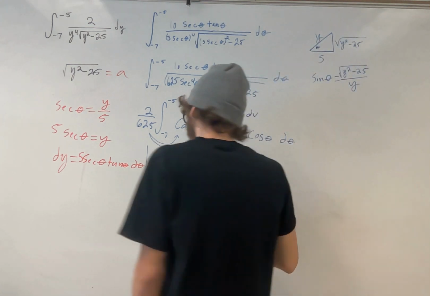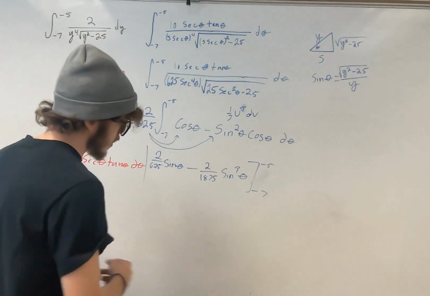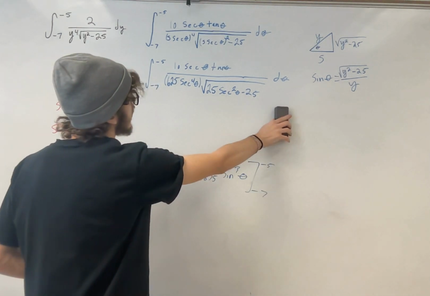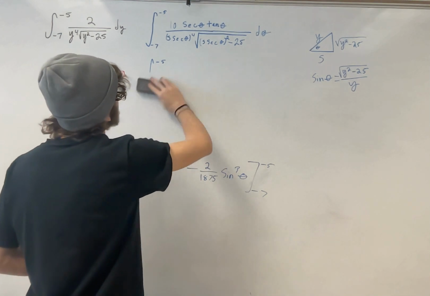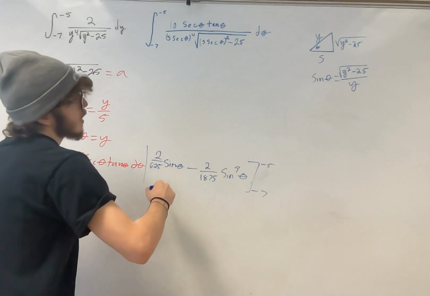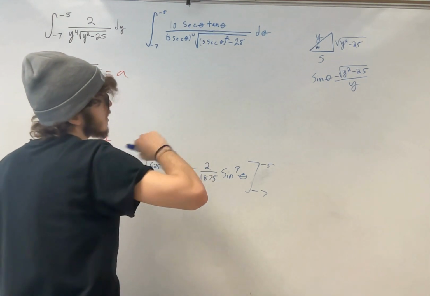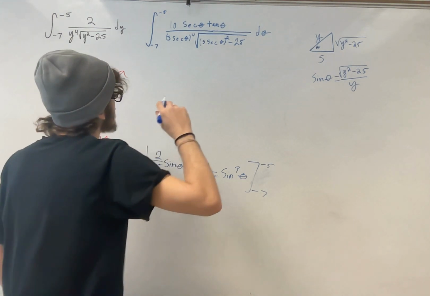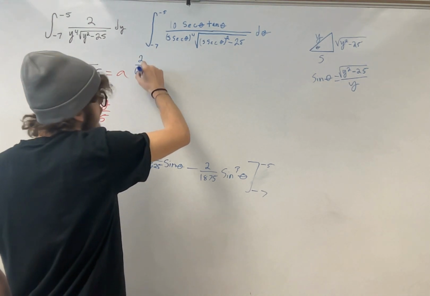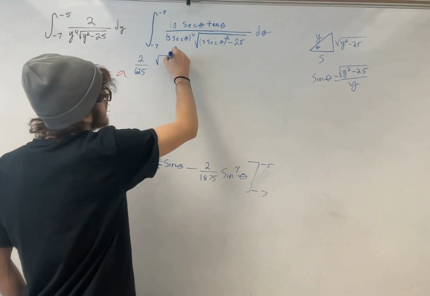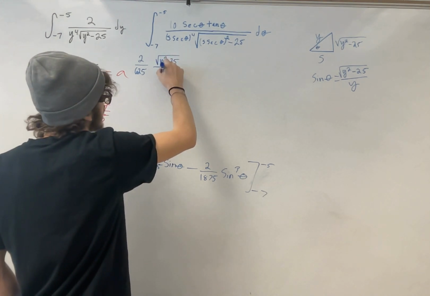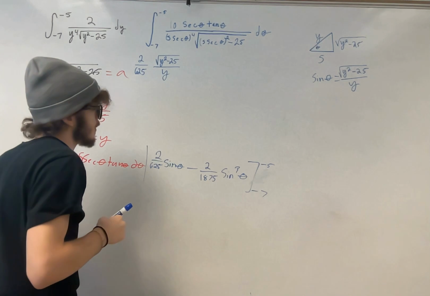Alrighty. So using this idea, I'm going to go ahead and erase the top here. We'll keep the top part. We're going to substitute for everywhere we see sine, we're going to put that big chunk in there. So we're going to say 2 over 625 square root of y squared minus 25 over y. Okay, that's that first bit there.